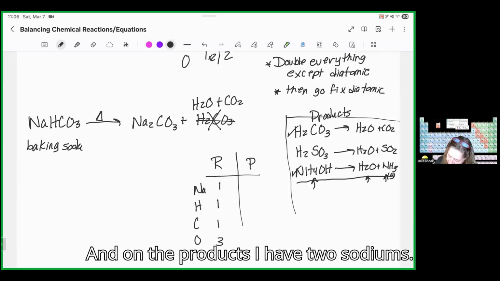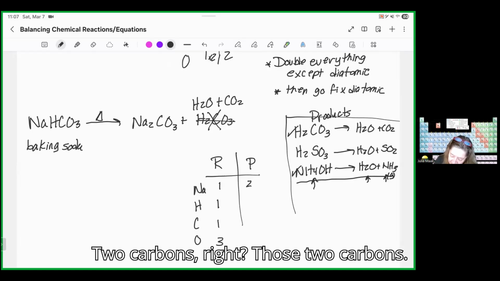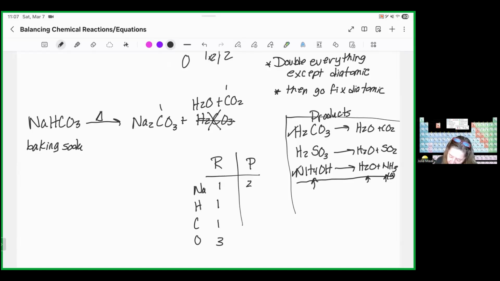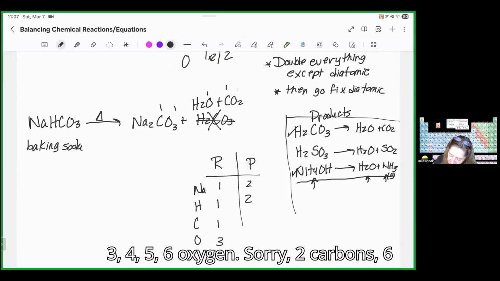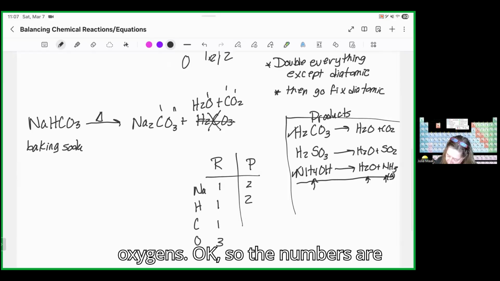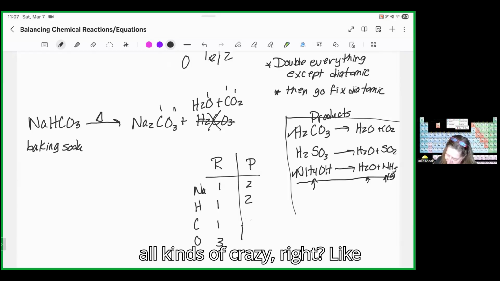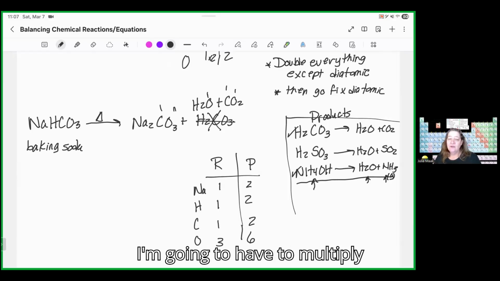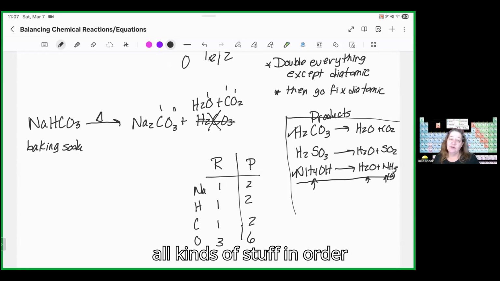And on the products, I have 2 sodiums, 2 carbons, and 6 oxygens. So the numbers are all kinds of crazy. I'm going to have to multiply all kinds of stuff in order to do this.